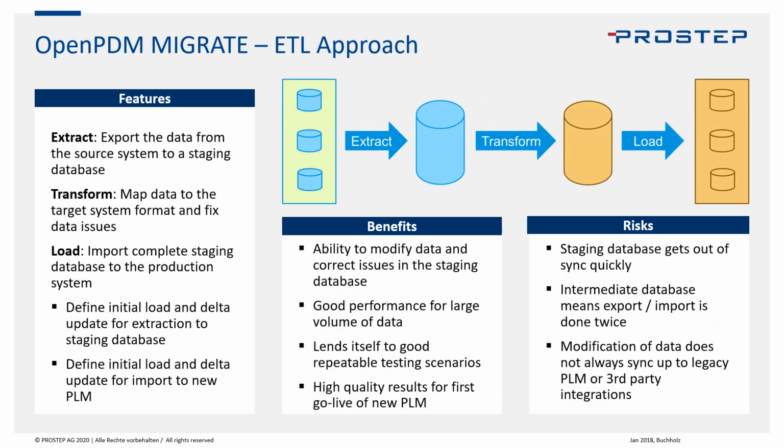So let's look at an ETL style approach to migration. Again, this is extracting data from various data sources into a staging database, and doing a transform of that data. That could be just database mapping from one to another, or doing a binary conversion to create different CAD files, or maybe creating PDFs or something like that.